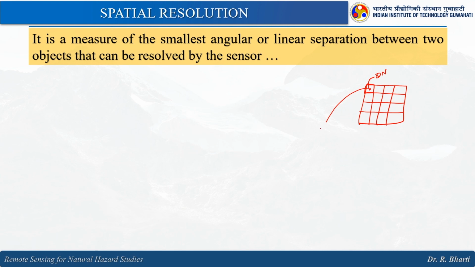So, whether it is 15 by 15 meter or 1 by 1 meter or 1 kilometer by 1 kilometer, right. This is known as the spatial resolution. If you have better spatial resolution, that means you have a smaller size representing the pixel, right.